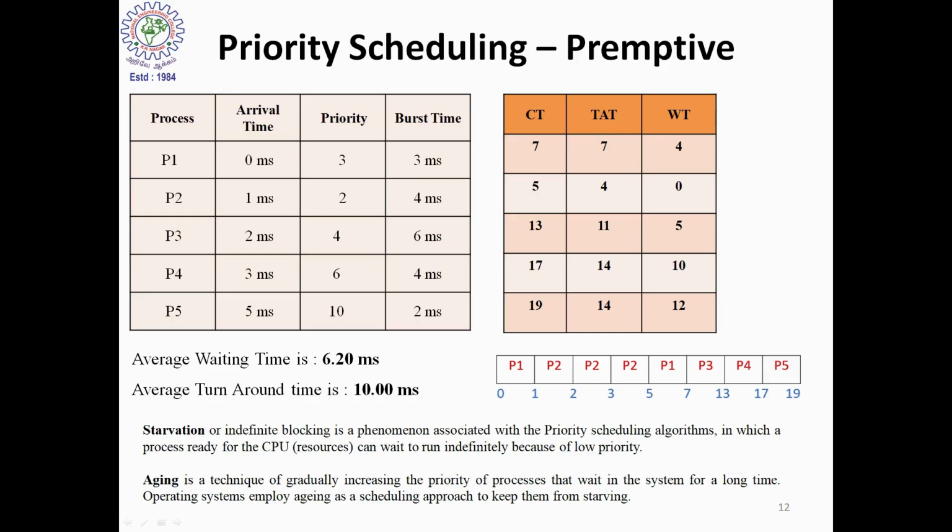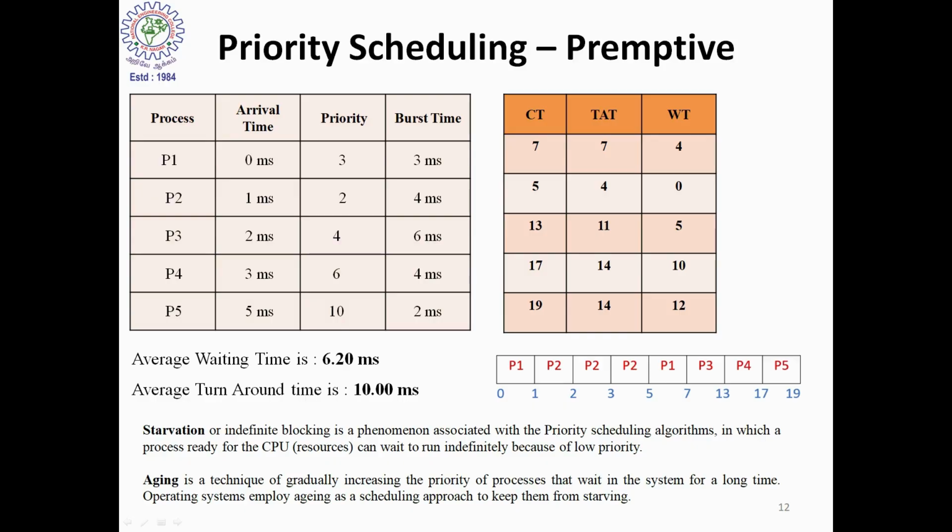And now after this the P3, P4 and P5 processes are there. Among these 3 processes, P3 has a priority of 4, which is lower, so P3 will get the hold of the CPU and will execute for 6 milliseconds.